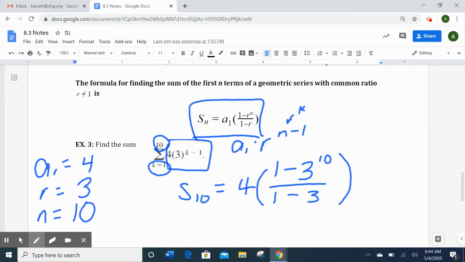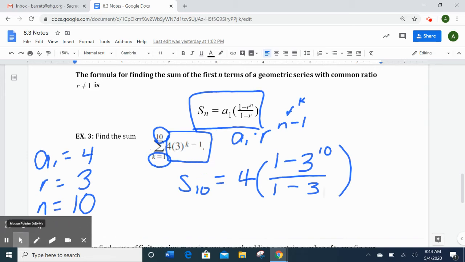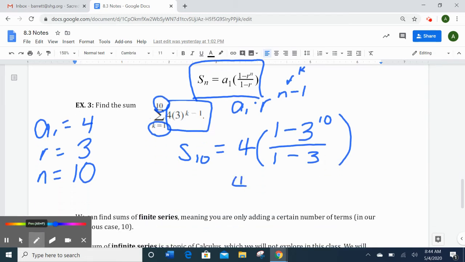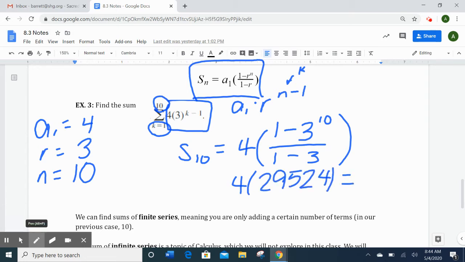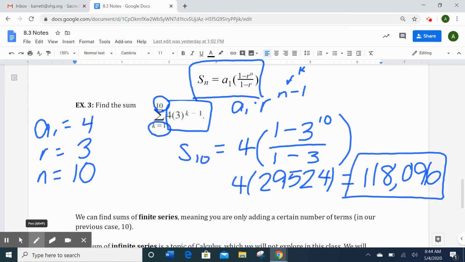So 1 minus that divided by negative 2. So what I get in the parentheses is 29,524. And when I multiply that by 4, I get 118,096. So the summation of the first 10 terms is that big number.